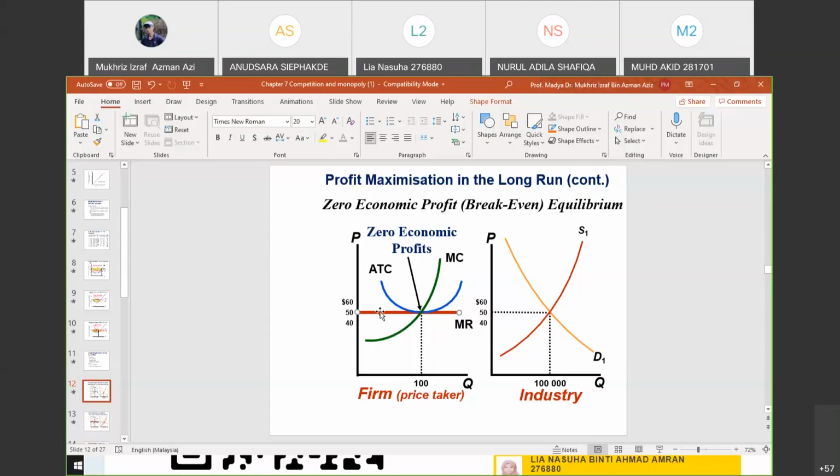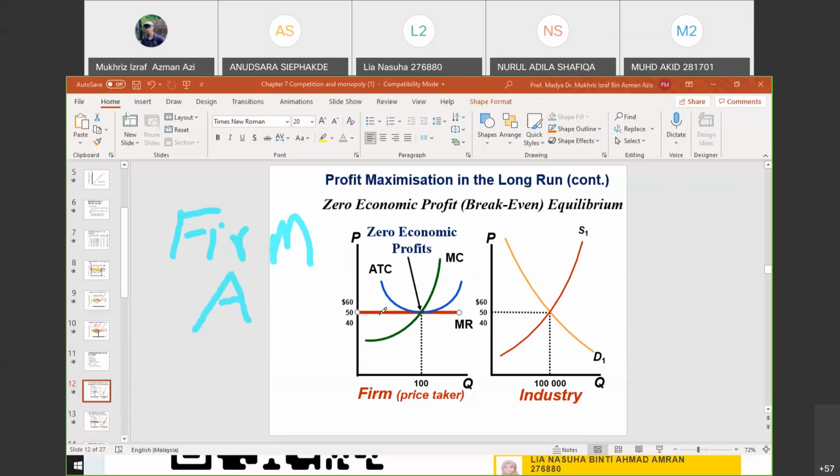So bear in mind, what is this curve about? We know that the price is set by the market, but the MC curve and the average cost curve, this is the firm. Let's say we are talking about company A, or firm A. So the price is not set by firm A. This is what the market decides.